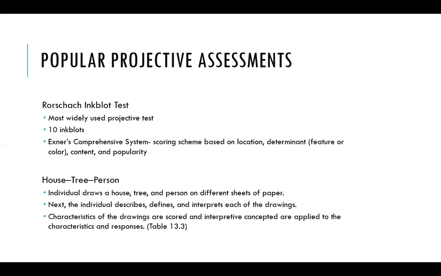And then assessing the popularity of what they talked about. Is it something that people commonly respond? Was the content in the category of something people often talk about, or was it pretty unique? Based on all of those areas, location, determinant, content, and popularity, the response is then scored and interpreted.